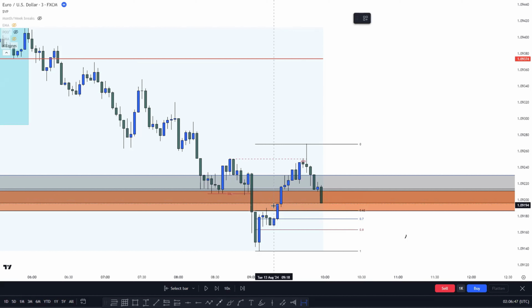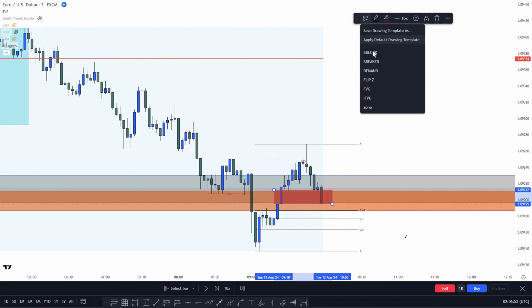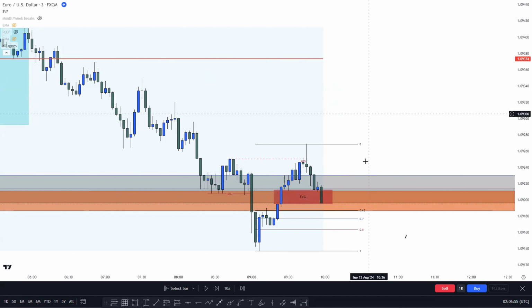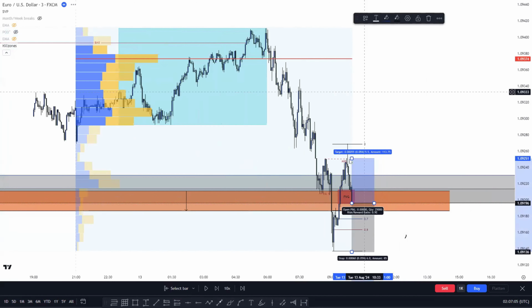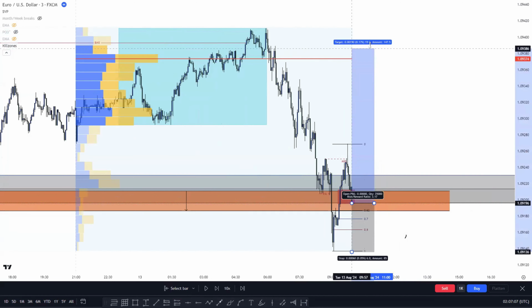Then we pick our entry from this fair value gap. We put our stop loss right below here. Then for our first take profit, we are going to target this Asian high here, which is going to give us more than 1:3 risk to reward. But if price decides to go higher, then we will extend our take profit.